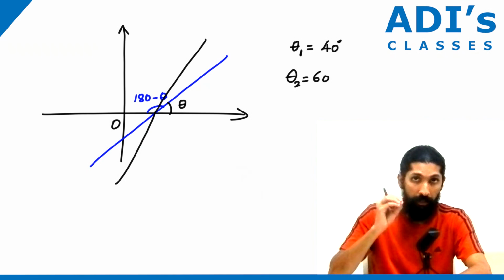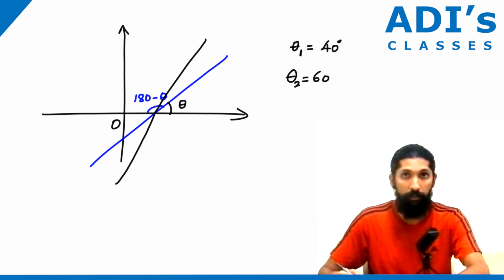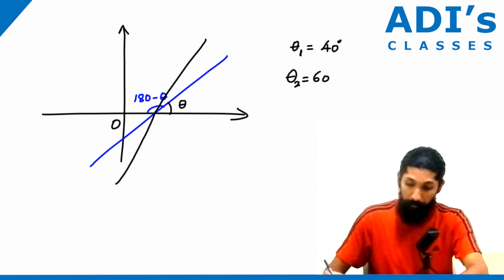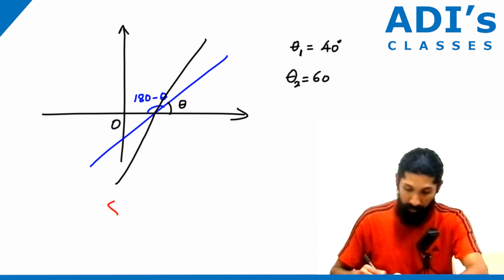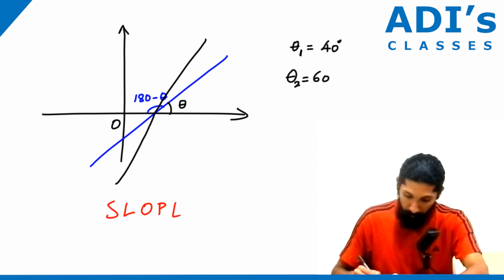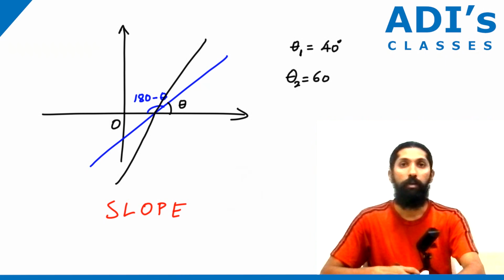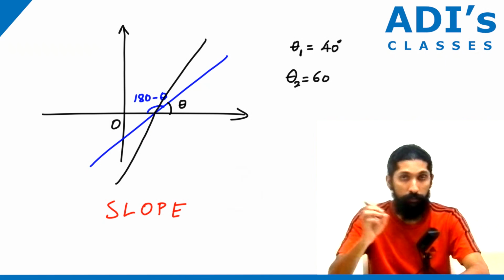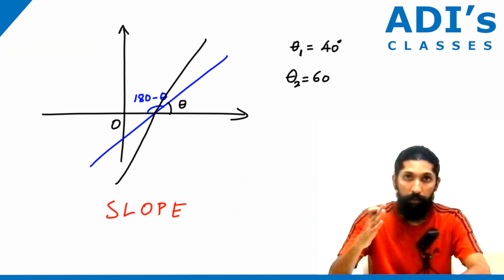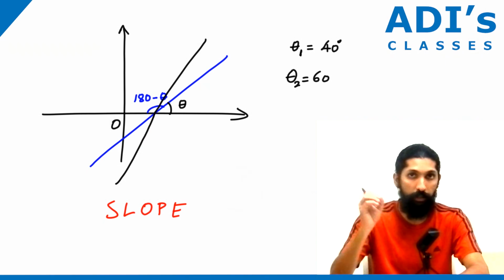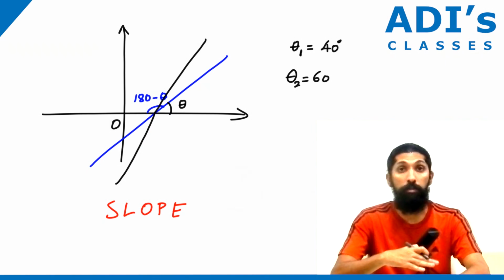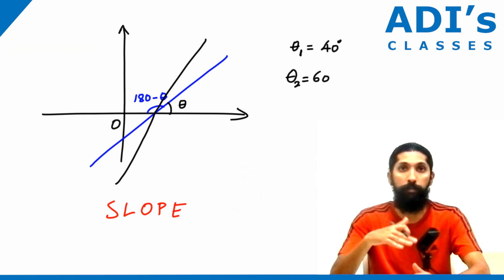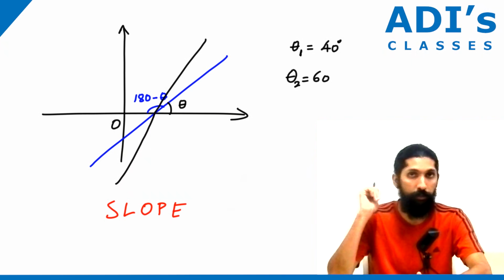And that parameter which defines the gradient of the line is what we call slope. So slope is nothing but the gradient of the line: how steep or how flat the particular line is. If the slope is very high, then the gradient is very high. If the slope is very low, then the gradient is very low.